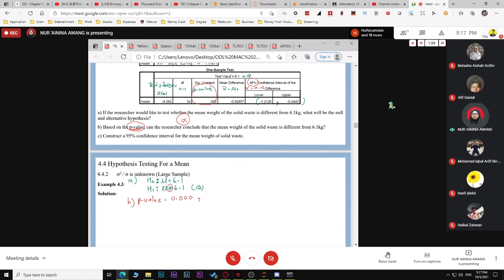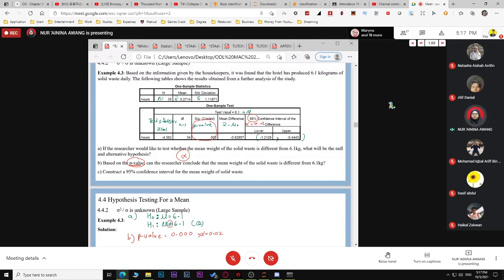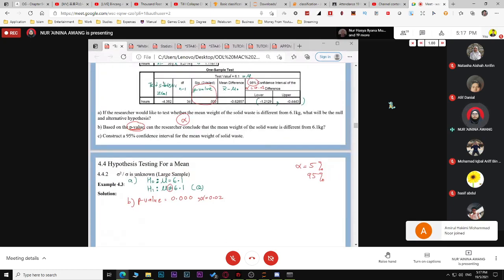But if the question does not give you this output, and the SPSS output does not give alpha either, you use alpha at the default of 5%, or if it is a confidence interval, you use 95. So this is for the case where they do not give the value. In this case, since they give the output, you look at the value in the output.